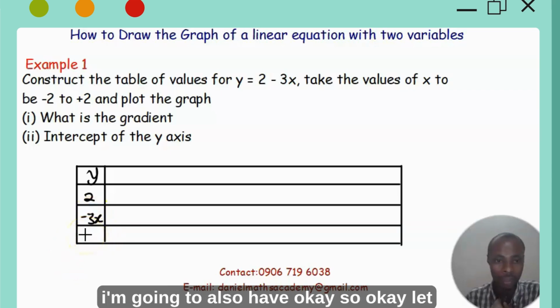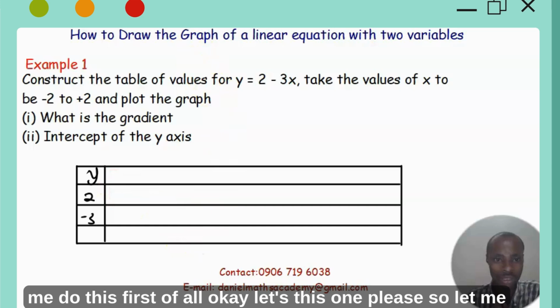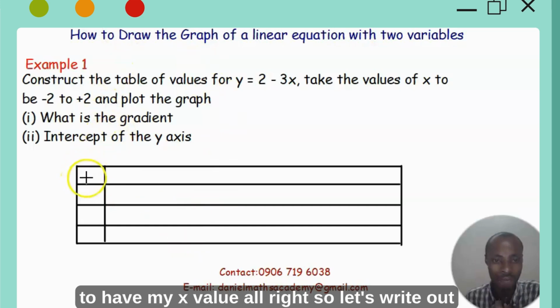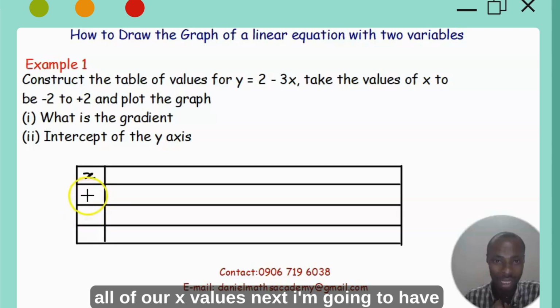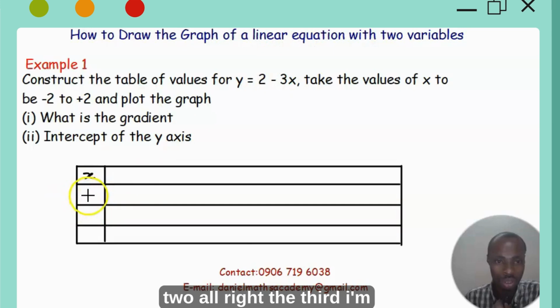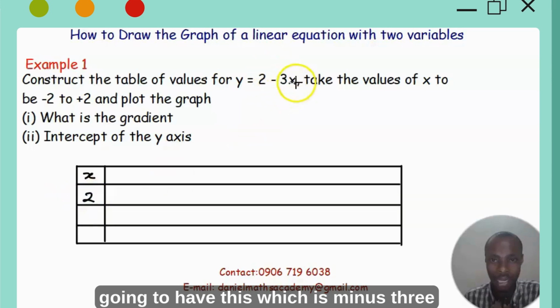All right, let me redo this. What I'm going to do first is to have my x value. So let's write out all of our x values. Next, I'm going to have my next value here, which is 2. The third, I'm going to have this, which is minus 3x.